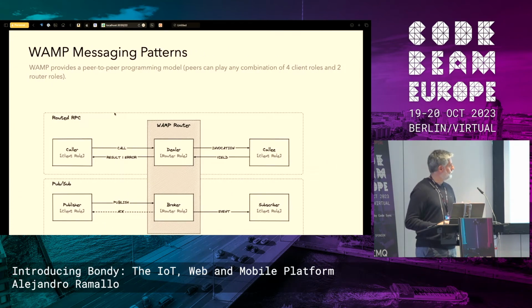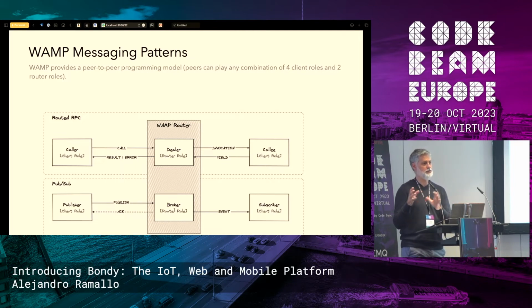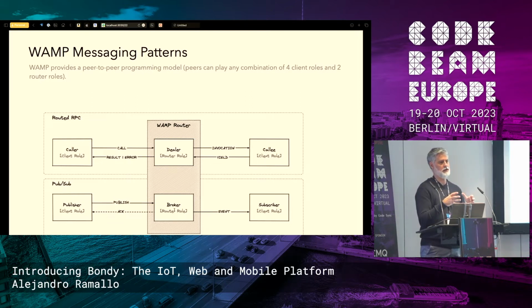So again, in routed RPC, you already know. A publisher publishes a message to the broker. So the router in WAMP has two faces. It is a broker, similar to RabbitMQ, but it's also a dealer of routed RPCs. And the way RPCs are implemented is completely different to everything else. In traditional RPCs, you know the IP address that you're calling. You're calling a server, and that is the level of granularity that you work with, right?